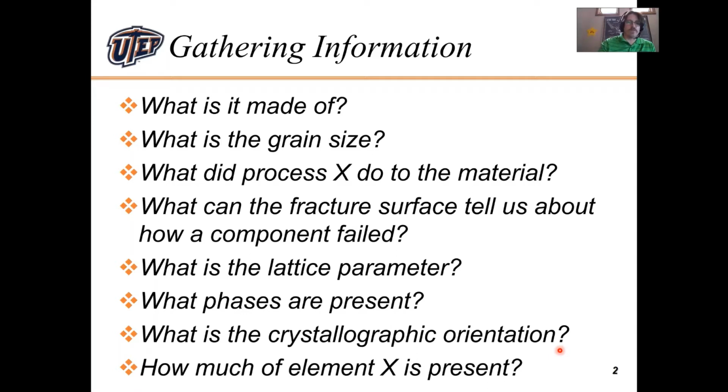If we're dealing with new material systems, what is the lattice parameter? What phases are present? That's also a very big deal to a lot of us. What is the crystallographic orientation? That can tie directly into how the material was processed, and how much of element X is present in our material. These are pretty common questions that material scientists like us ask ourselves when we're analyzing a material.